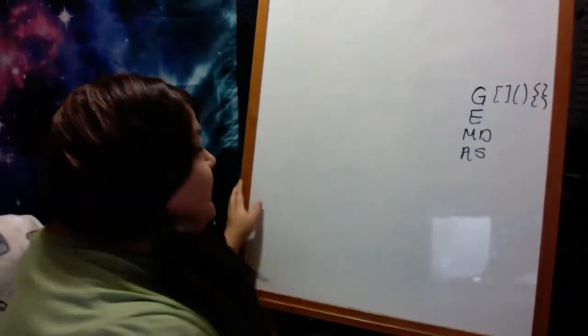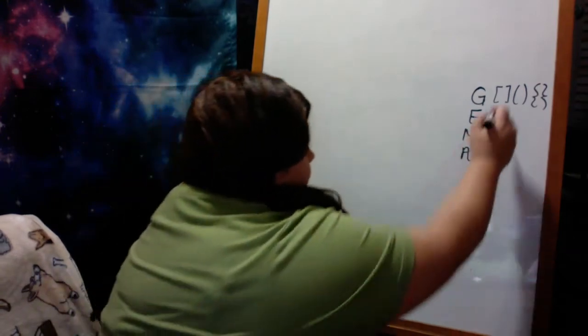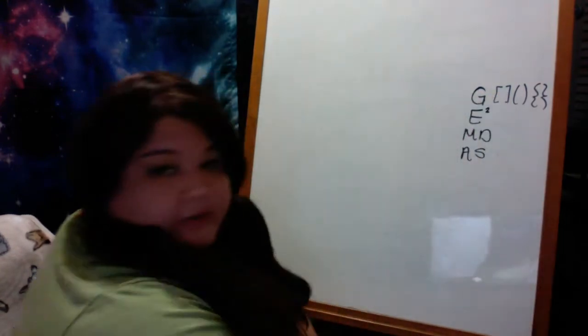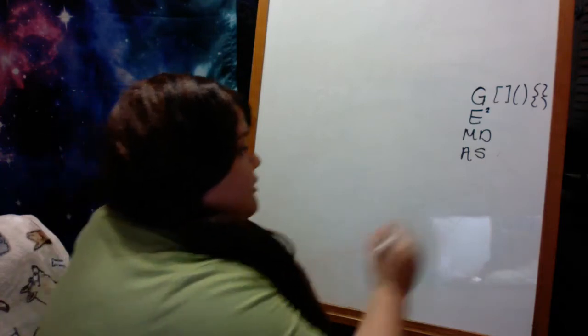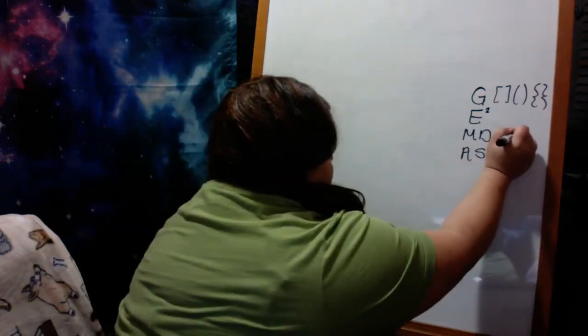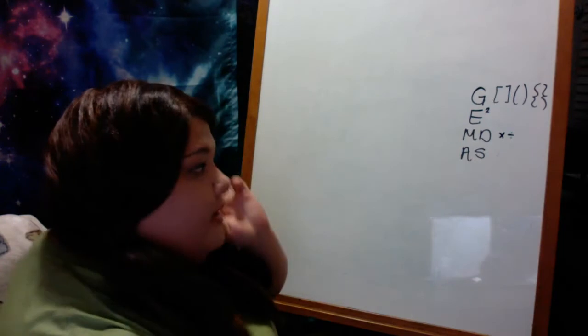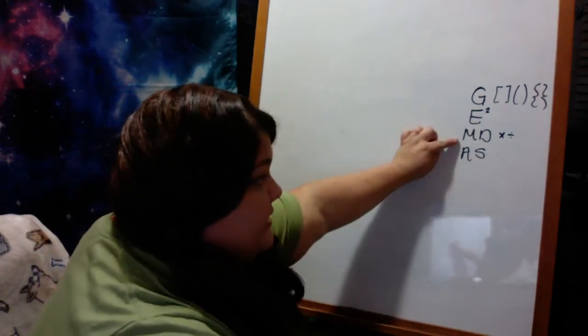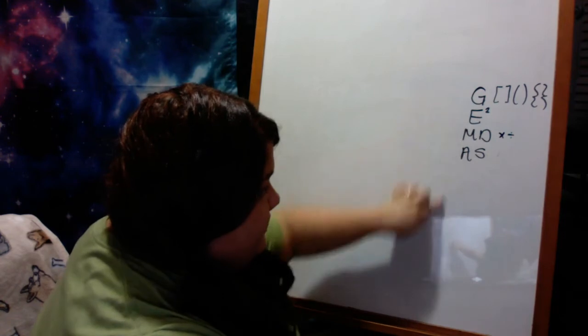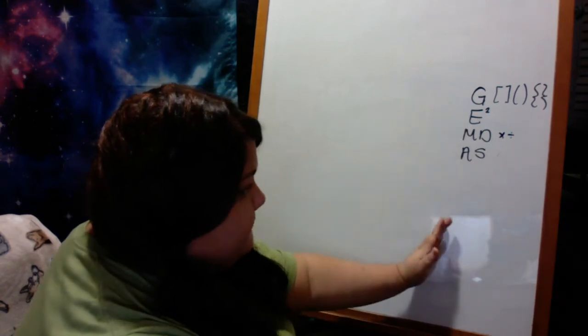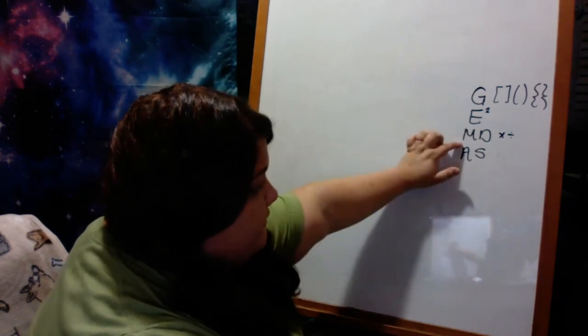There we go. The E stands for exponents, so I'm going to put a little 2 to remind myself of that. M and D stand for multiplication or division, whichever one comes first when I read it left to right. Multiplication does not always come first. That's why we have them next to each other instead of writing it straight down. It's whichever one comes first when I read it.